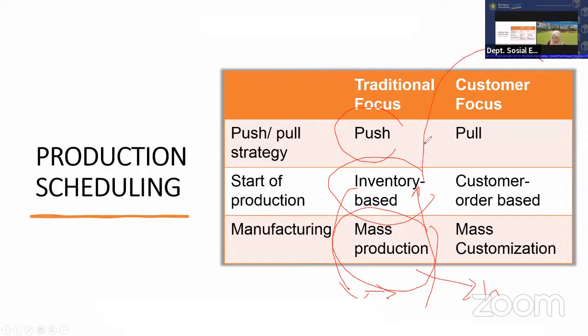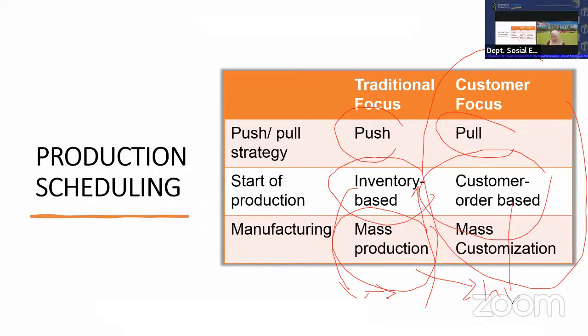We need to say that it is a high volume of operation. Meanwhile, for the customer focus, what will be our strategy? It is the pull strategy, meaning to say that we try to attract the customer to come to buy our product, to have trust in our product. And then it is basically customer order based. So with this one, we have very high customization and high flexibility.